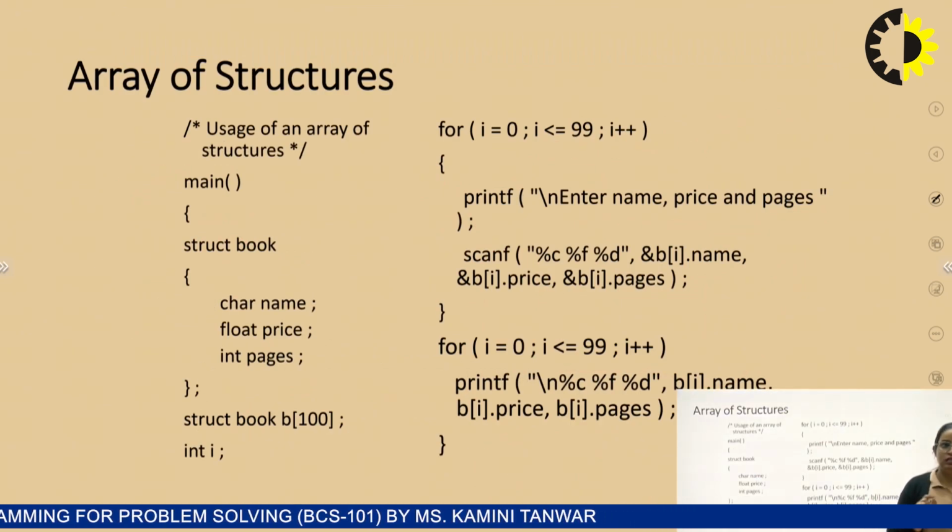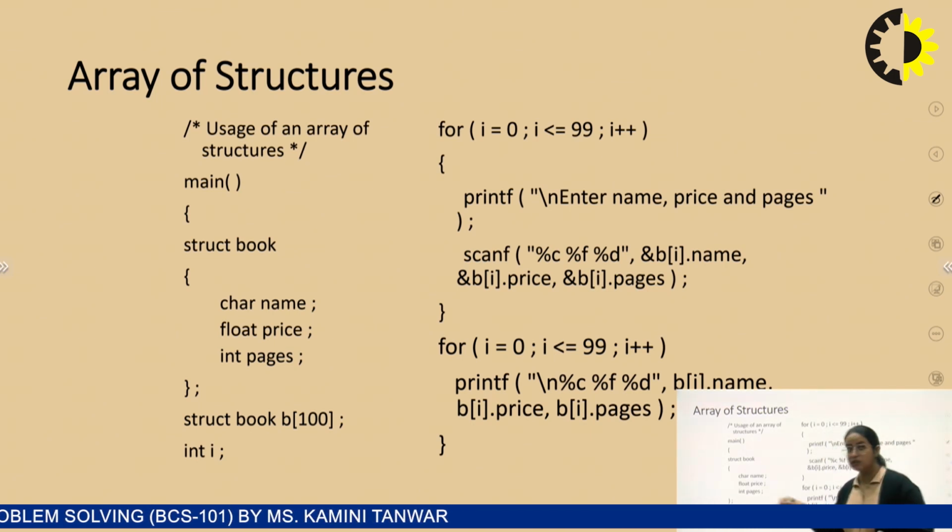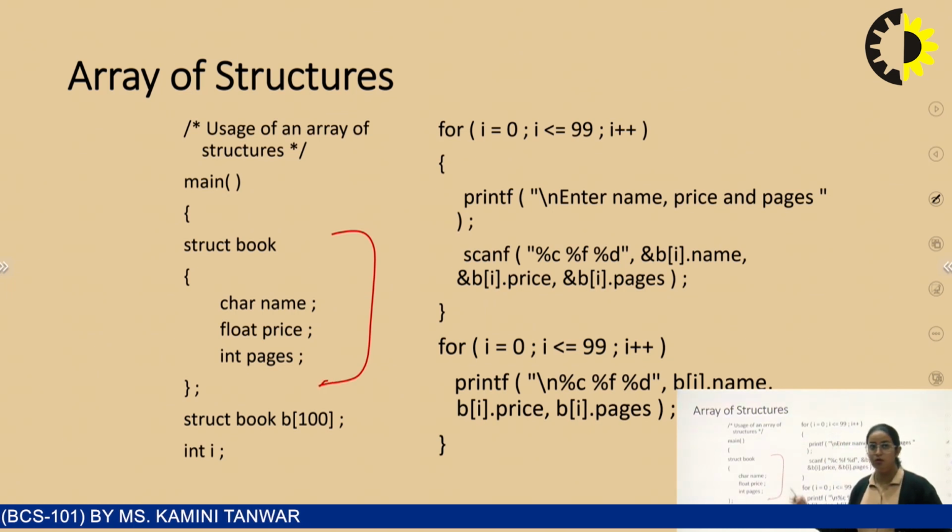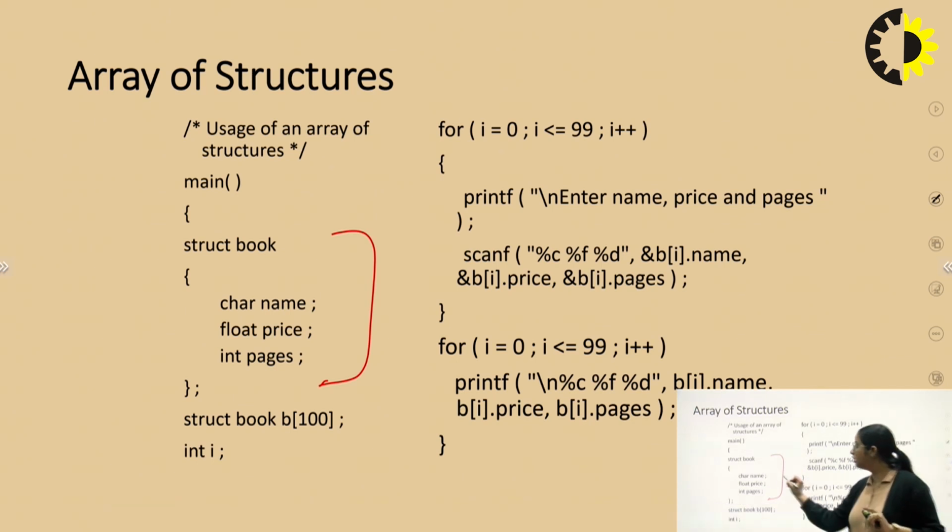For this, there is a slight change. In the structure, the definition is the same, because definition is what we cannot change. One more thing I want to tell you: you cannot initialize in a definition, like if you want to initialize the name here, a price here, suppose 10.5, and pages 25.